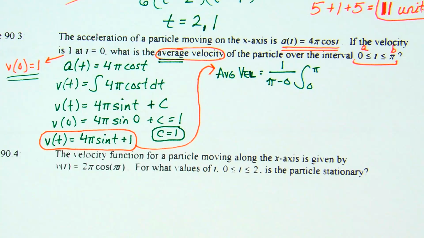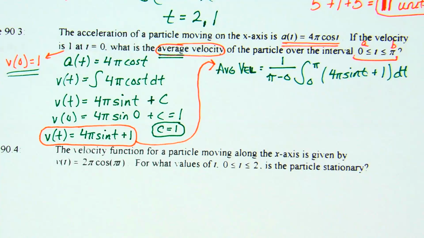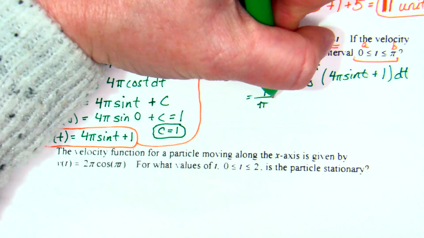And if we're trying to find the average velocity, we're going to use our velocity function. So the integral of 4 pi sine t plus 1 dt. Out front, we basically have 1 over pi.